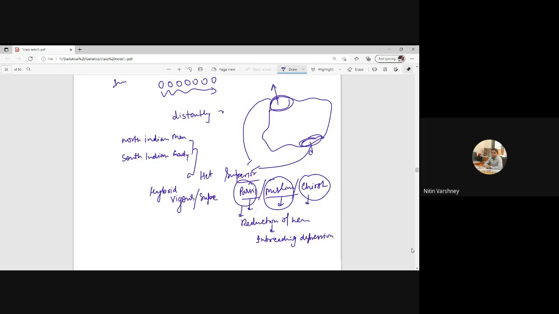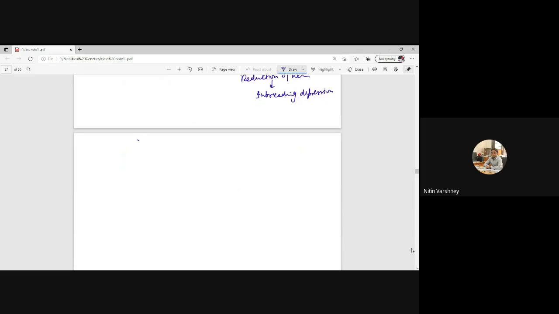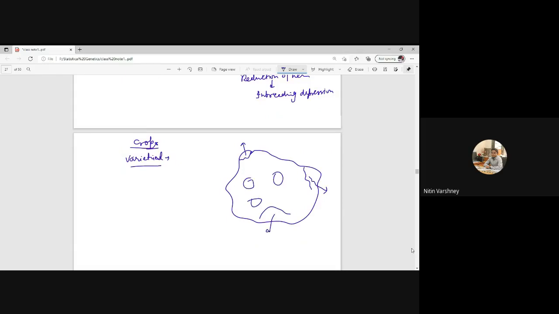Now if we take the example of crops: in new varietal development or release, breeders take germplasm from different areas and cross them.